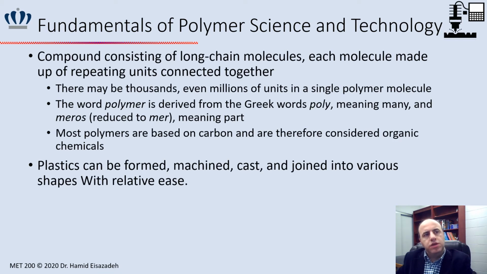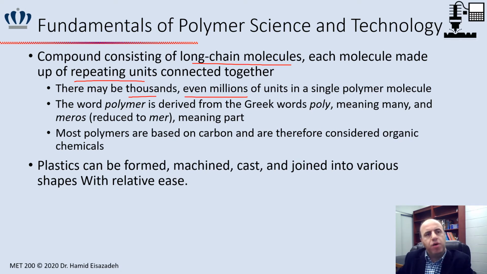Polymers are long chain molecules, and each molecule of the polymer has many repeating units which are connected together, and some of them might have 1,000 or even a million repeating units connected all together.